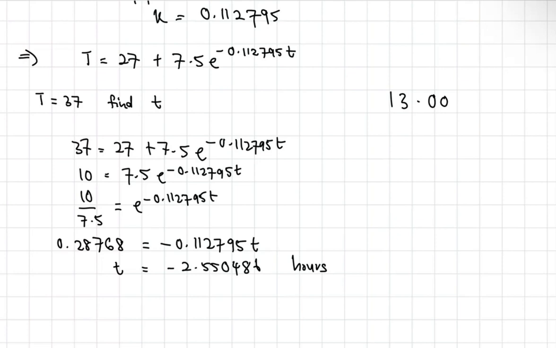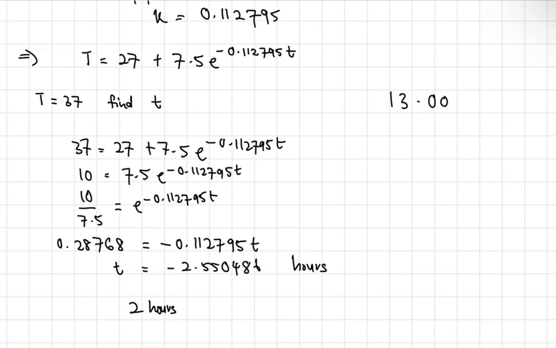This one is the first part. This one is 2 hours. So that means we have 2 hours. And this one, 0.55048, so you multiply by 60 to convert into minutes. This is about 33 minutes.